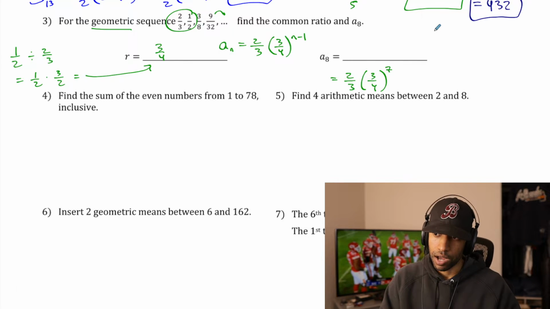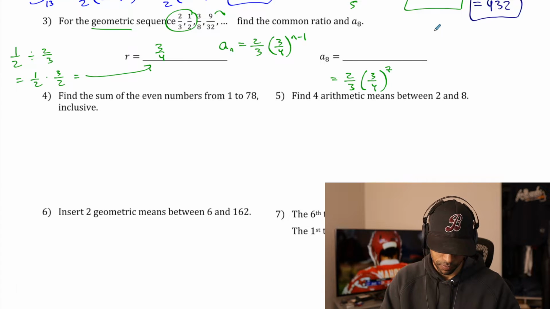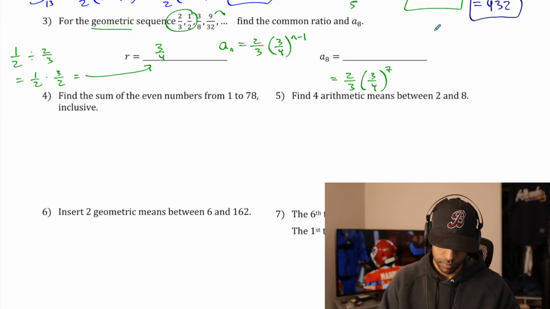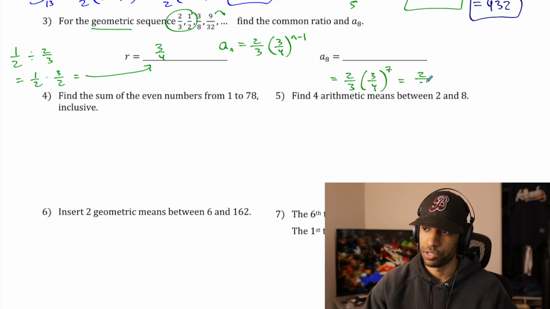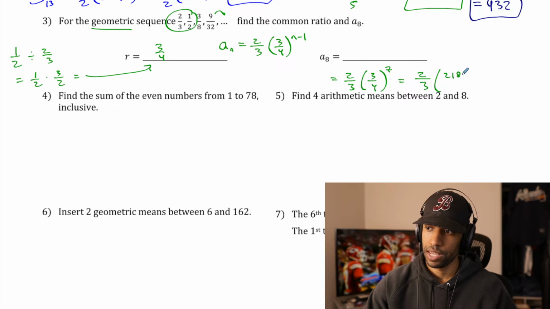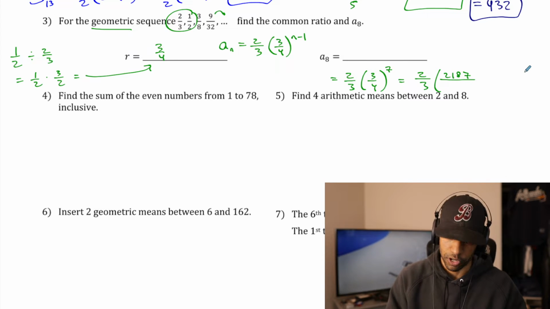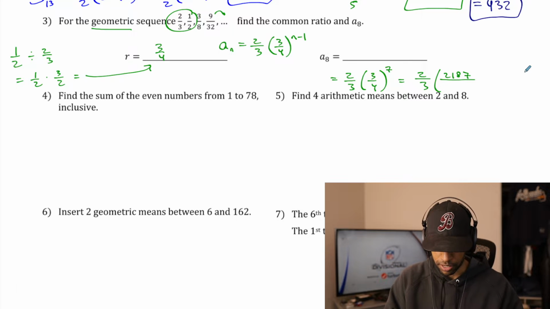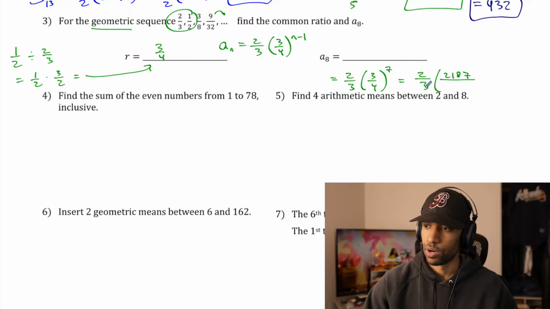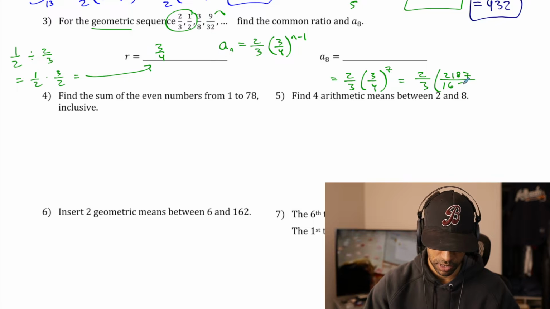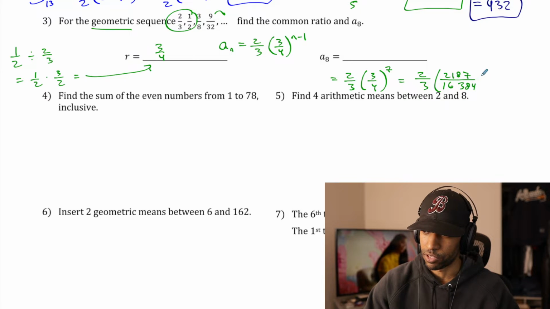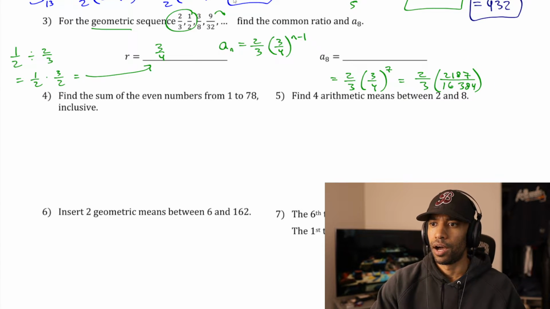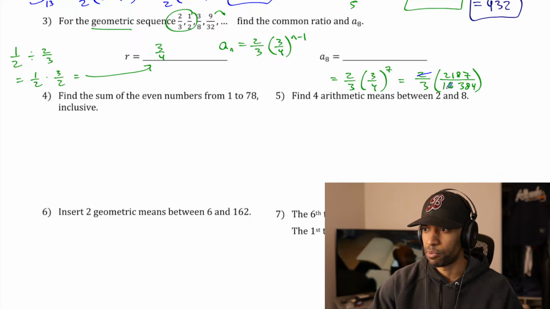Okay. So 3/4 to the 7th power, 3 to the 7th, is 2187. So 2/3 times 2187 over 16384. I'm doing this first before the full-on calculation. I'm not attempting to round this thing. I keep running into these numbers, 16384. In my previous videos, I feel like I'm getting these. 2 over 16384 can both divide by 2, right?